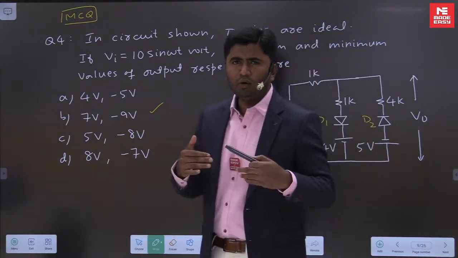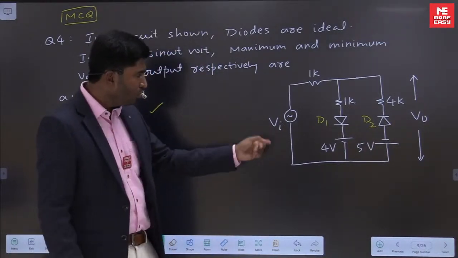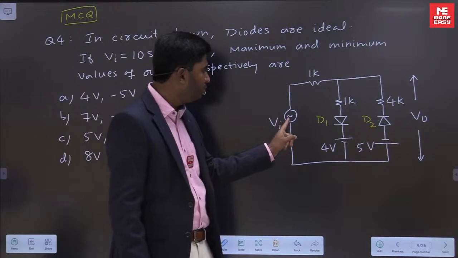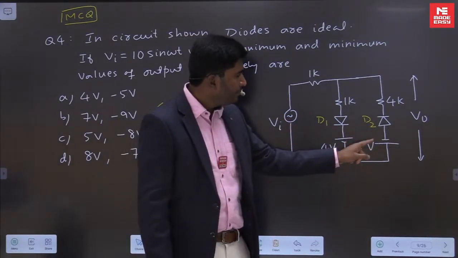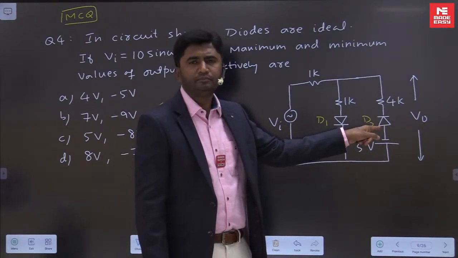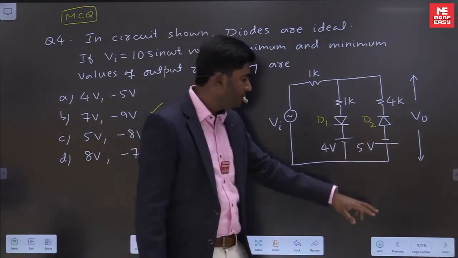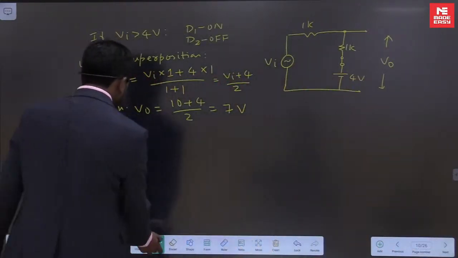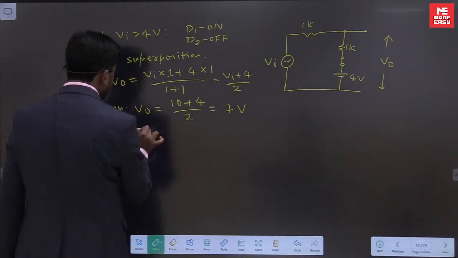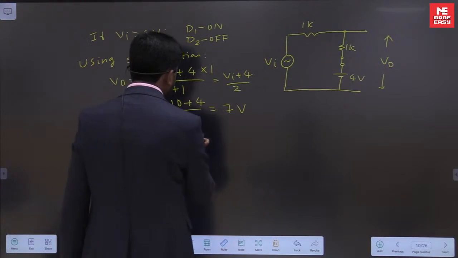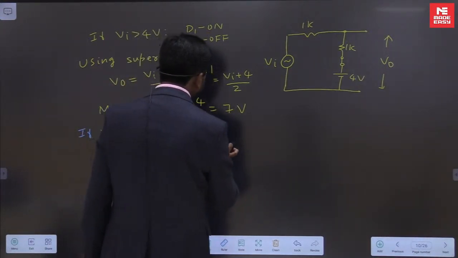In case you want to learn how we calculate minimum output, it will be done in this way. To know minimum output, you compare input with minus 5. If input becomes less than minus 5, then D2 becomes on. Let me write here: if Vi less than -5, then D2 becomes on, whereas D1 will be off.